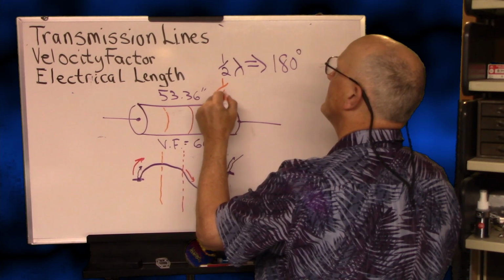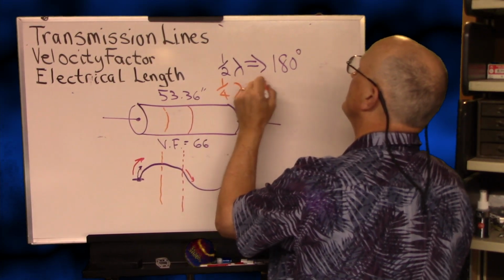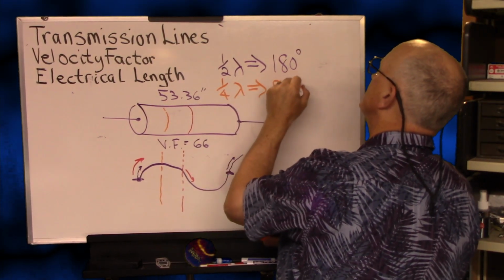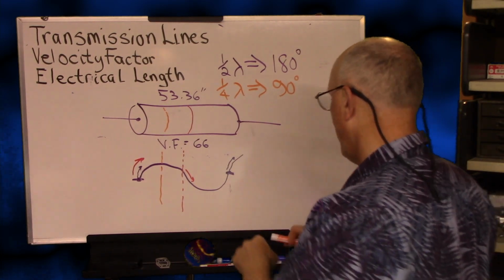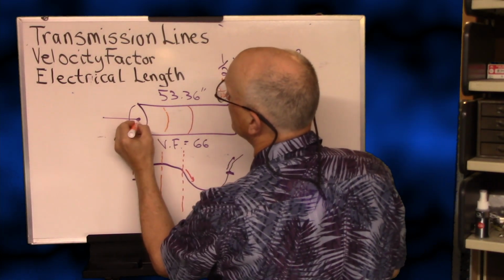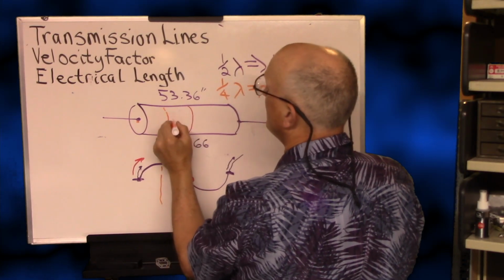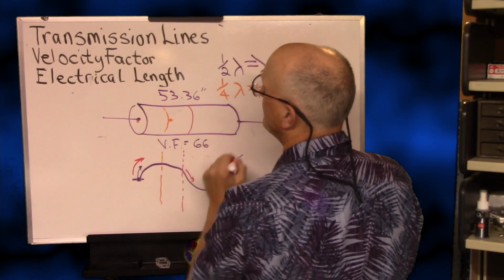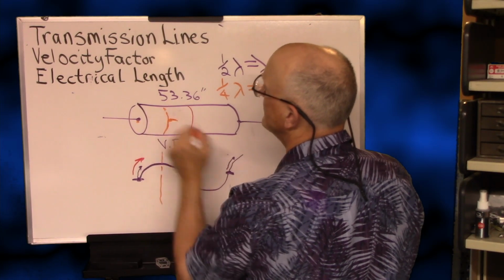1/4 wavelength gives us 90 degree phase shift. That means that when this is at its minimum, the voltage at this end of that piece of cut coax is at its maximum.